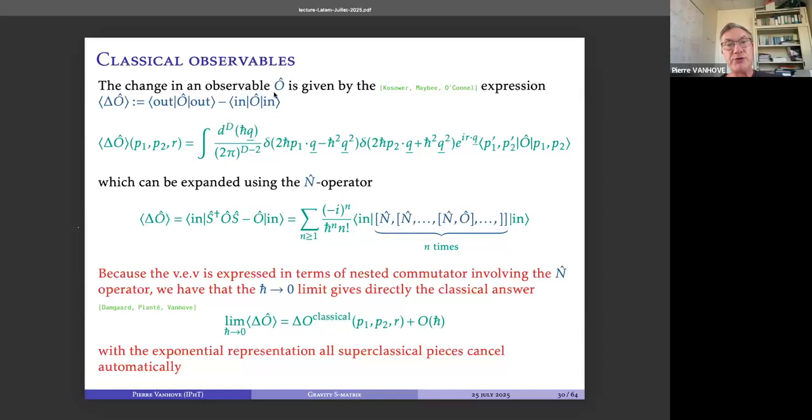You take your observable in the in states, the way it is before scattering, and in the out states, the way it is after scattering, and you call the difference delta.